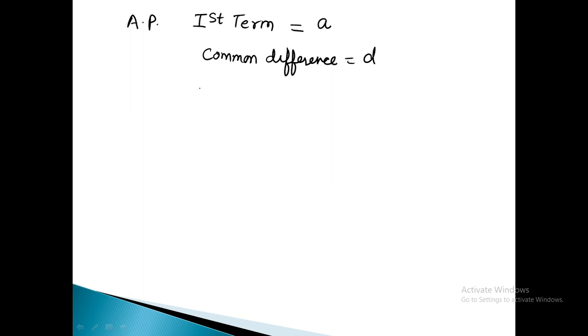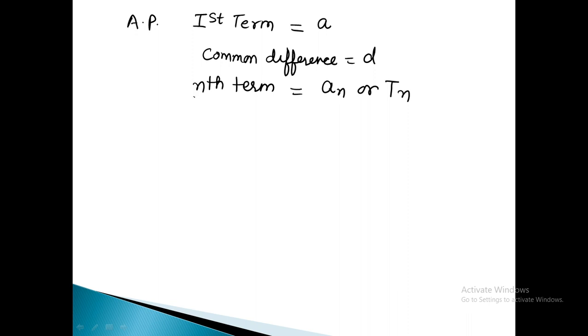In an AP, the first term is represented by A, the common difference is represented by D, and the nth term, which we will find sometimes, is represented by AN, or you can represent it by TN.